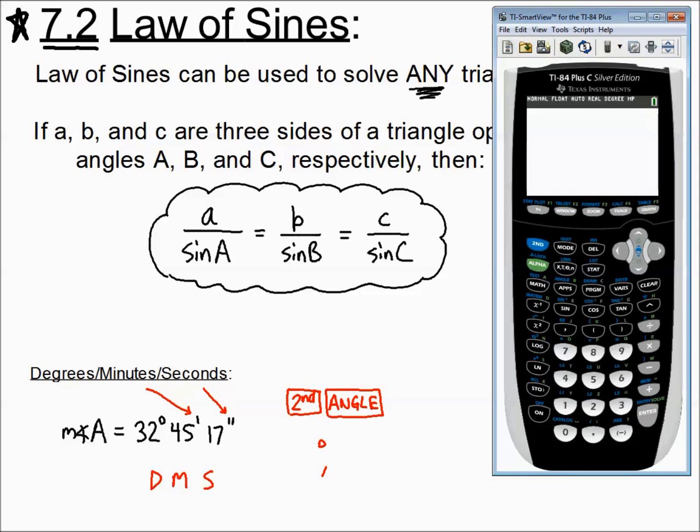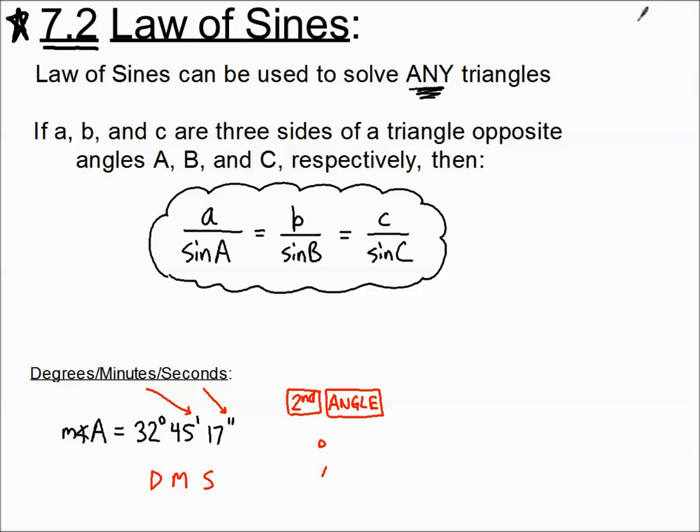I believe it's above the plus sign. Yes, here it is. It's the green symbol above the plus sign. That's how you can get your seconds symbol. So that's pushing alpha and then the plus.